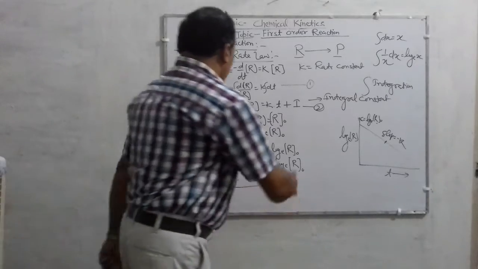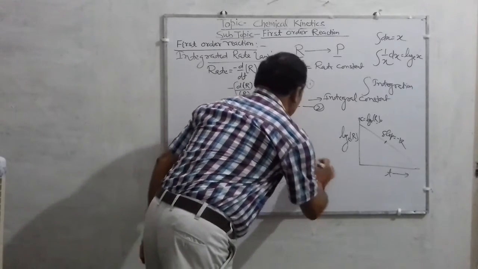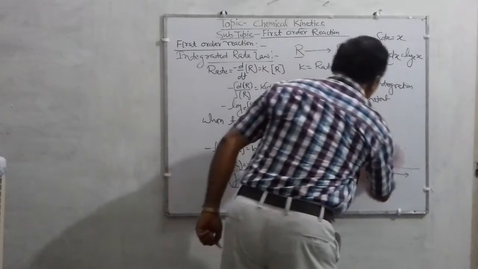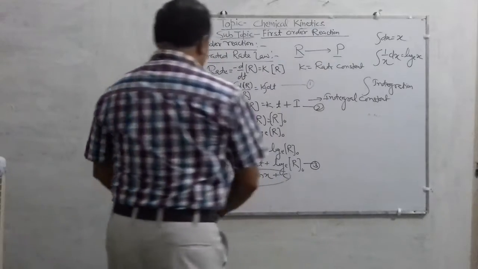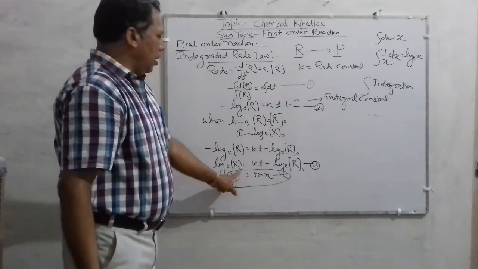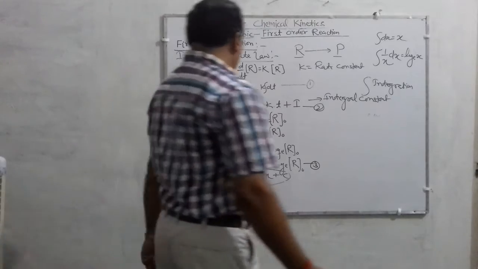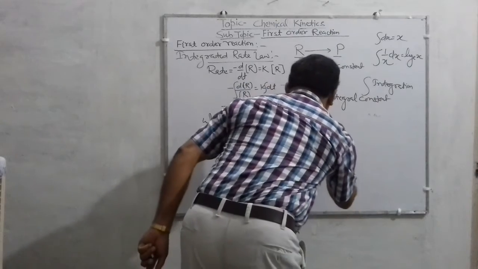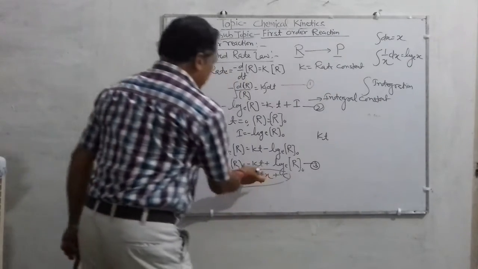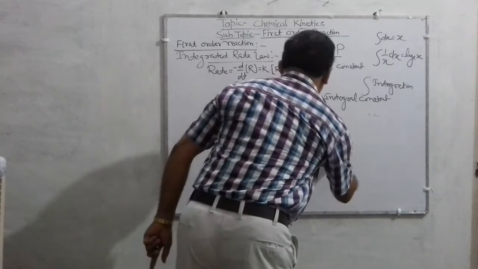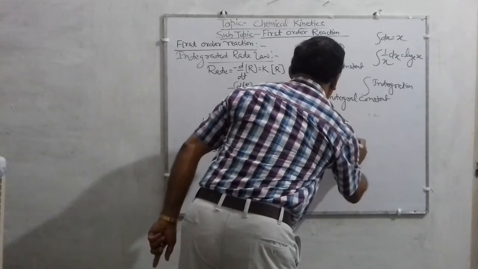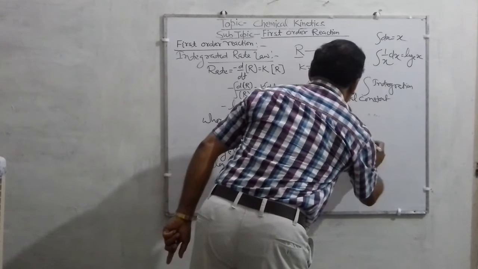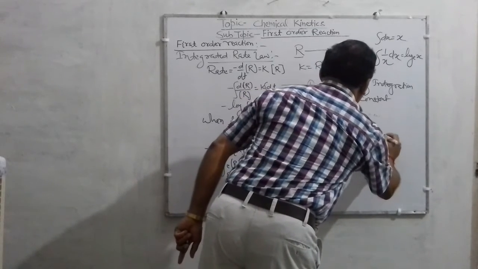Okay? Suppose, children, this is equation number 3. Now equation 3 can be written in the same form. Transposing kt, it can be written as kt equals log e r0 minus log e r.